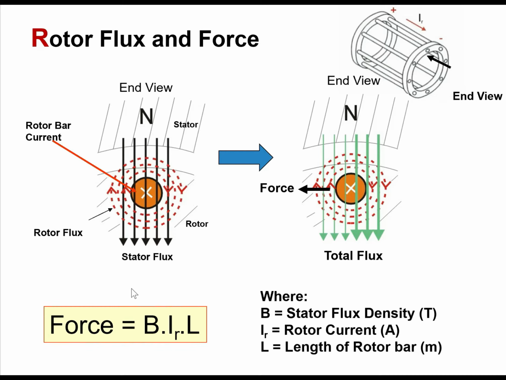So we can say that the magnitude of the force acting on the conductor is given by the product of the stator flux density, the rotor current, and the length of the rotor bar. Notice that all these three parameters affect the magnitude of the force.